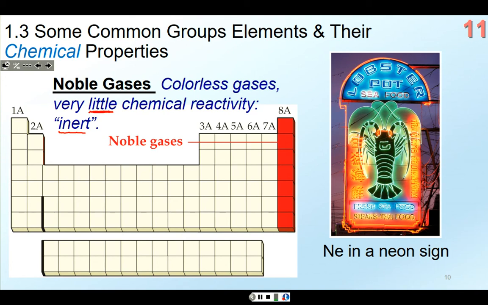Most of them won't be found in compounds except in strange examples. They're something we've seen in things like neon signs. Neon is the second of the noble gases, and neon signs are familiar in that respect. So that's one of the things they're known for. That's group 8A. So groups 1A, 2A, 7A, and 8A have names that we need to be familiar with.